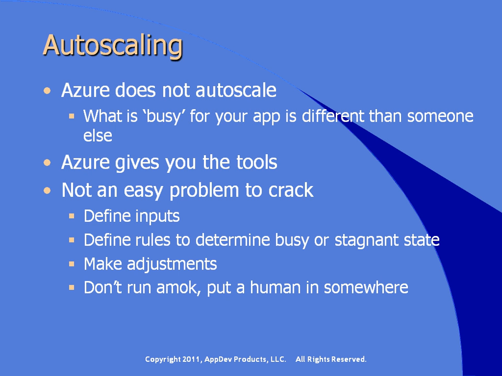And really, this last bullet point is obvious, right? Don't run amok. In other words, don't just write the scaling code, throw it up there and let it go, because you want some level of human interaction to say, is this working right? Is this scaling the way we want it to scale? So again, don't just throw it up there. Keep an eye on it and monitor it to make sure that it's scaling the way that you want it to scale.